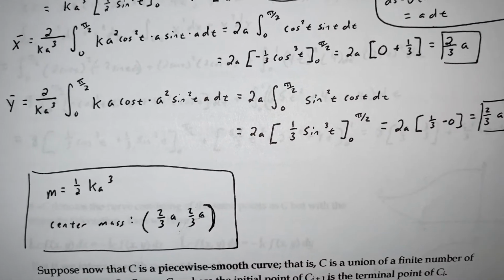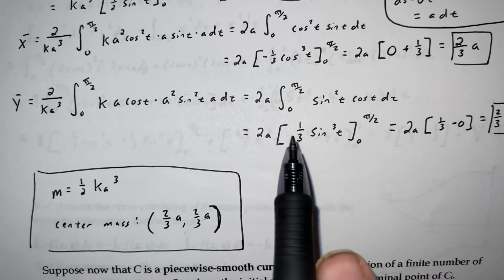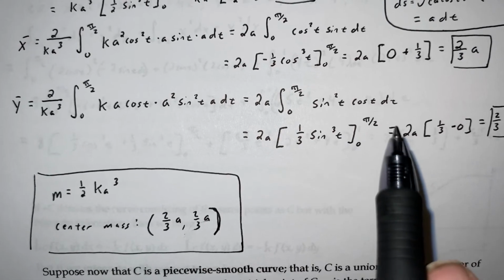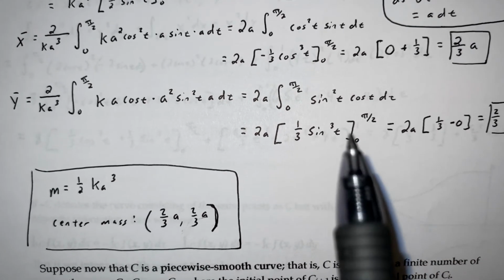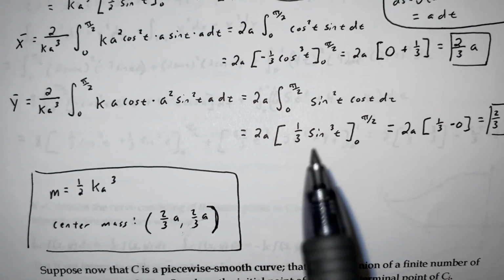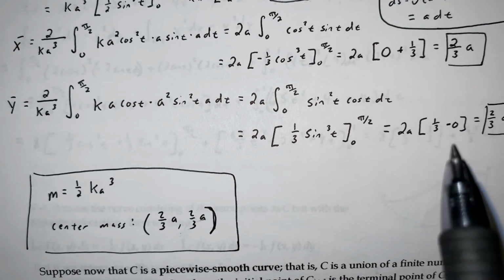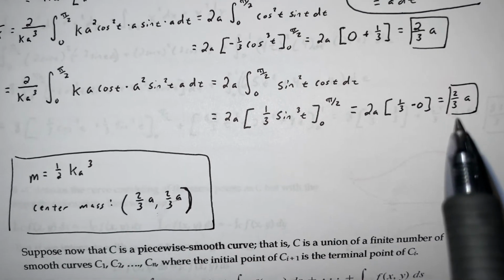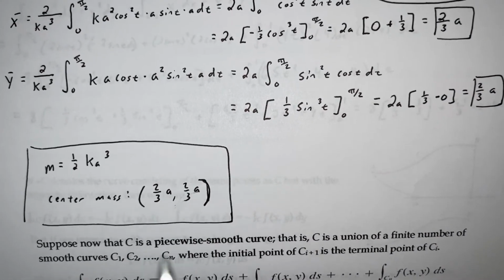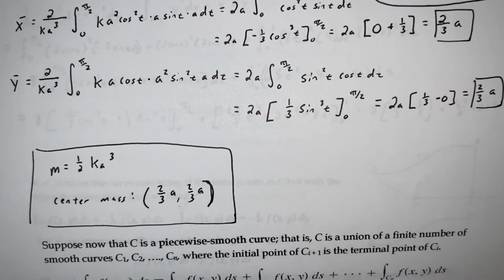Pull out ka to the 4th, and I'm left with 2a on the outside again, and the integral from 0 to pi over 2 of sine squared t cosine t. Again, the derivative of sine is cosine, so I have 1/3 sine cubed t. Plug in pi over 2, I get 1, so I get 1/3. Plug in 0, I get 0, so 2a times 1/3 is just 2/3 a. And so there's my center of mass. The center of mass is at 2/3 a, and my total mass is 1/2 ka cubed.